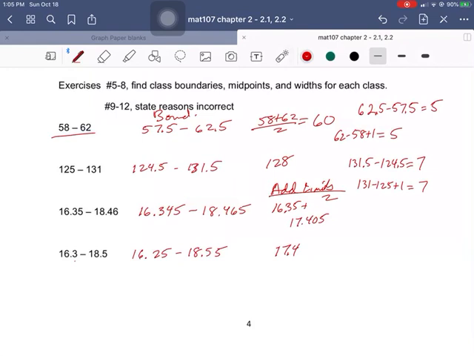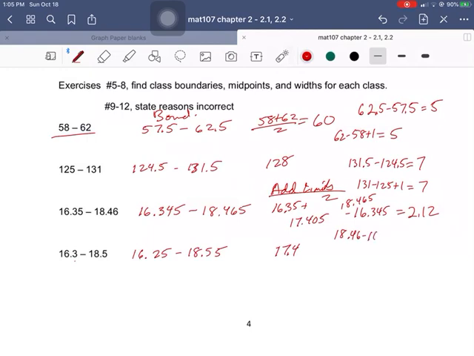Okay, so this is 16.345 from 18.465. Let me put that in the calculator. So 18.465 minus 16.345 comes out to 2.12. That's the class width. To check that, it gets a little strange.